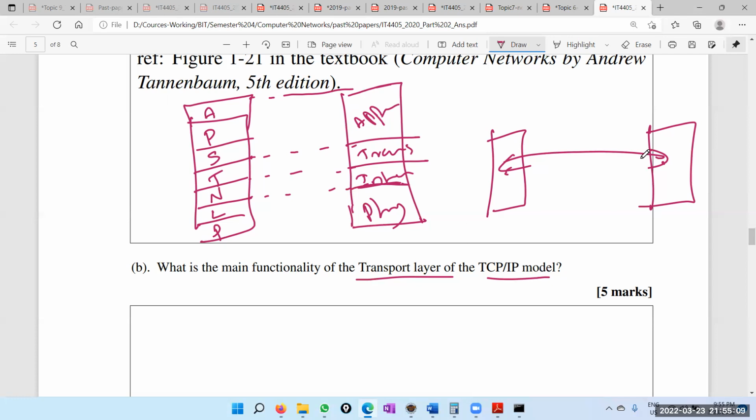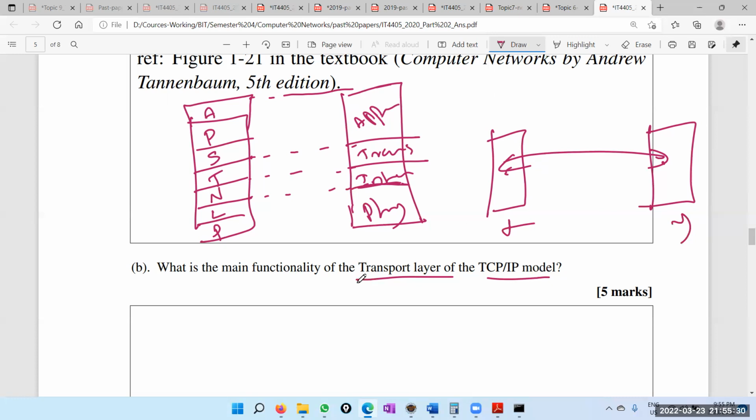Especially the end-to-end communication using the concept of connection. Connection means the IP address and the port number combination from X to Y.